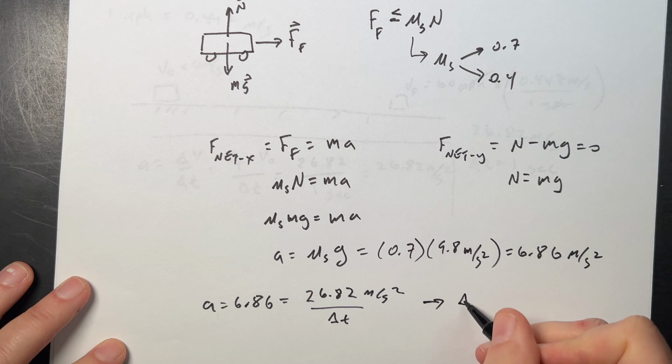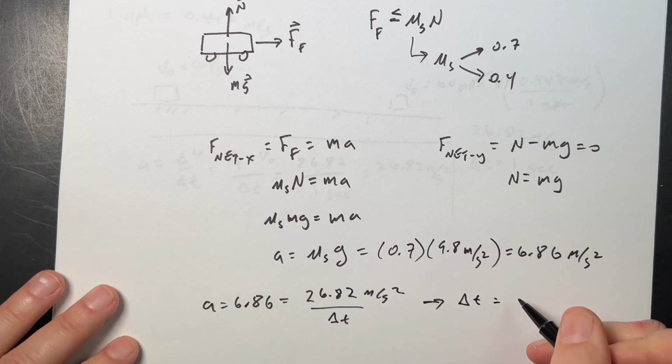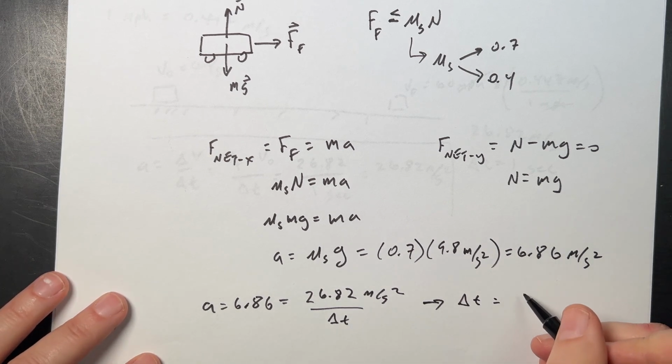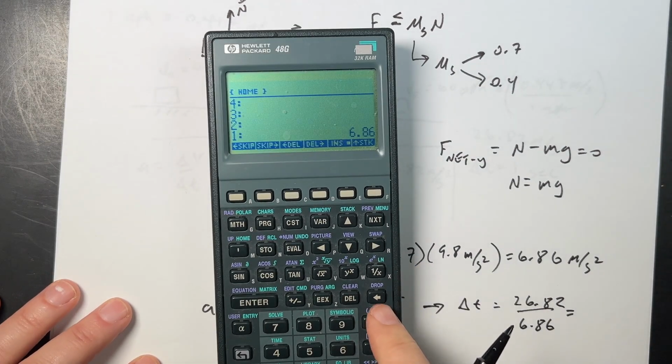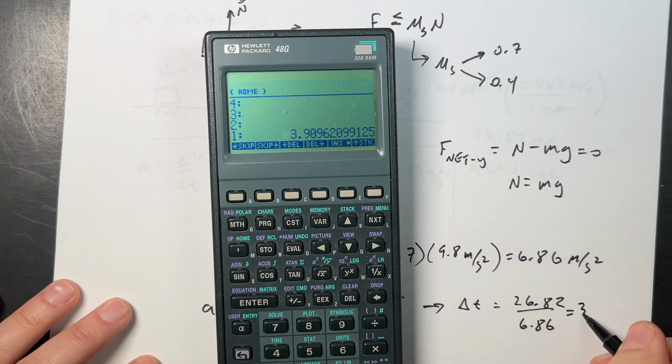So if I solve this for delta t, I get 26.82 divided by 6.86, and that is 3.9 seconds, which is quite fast.